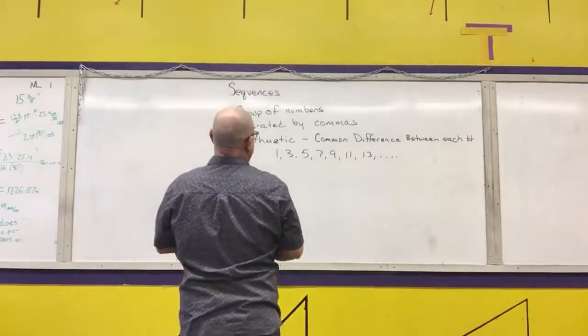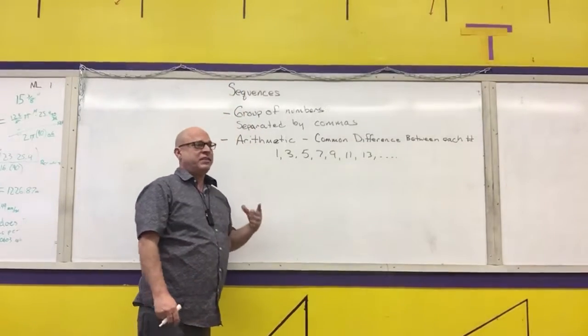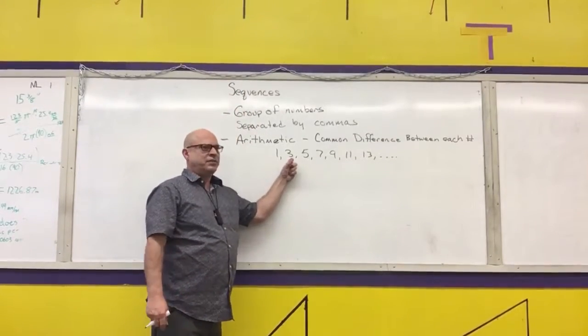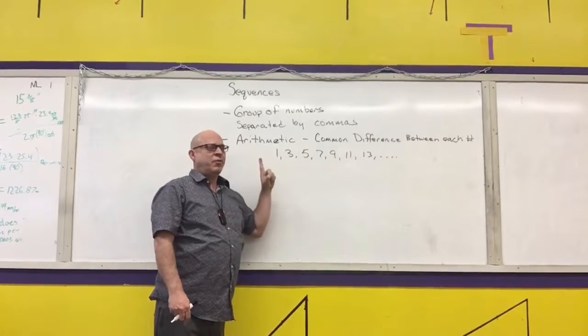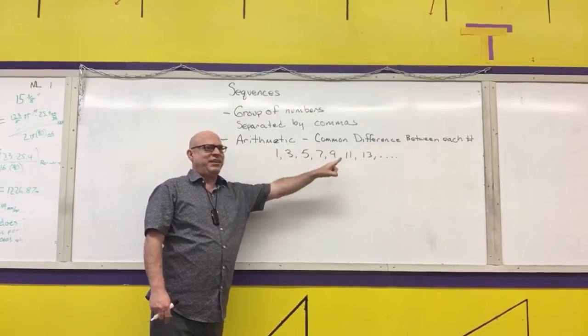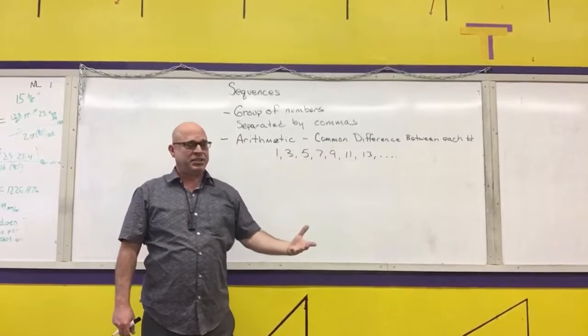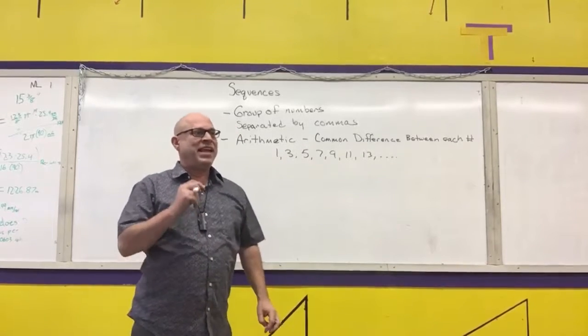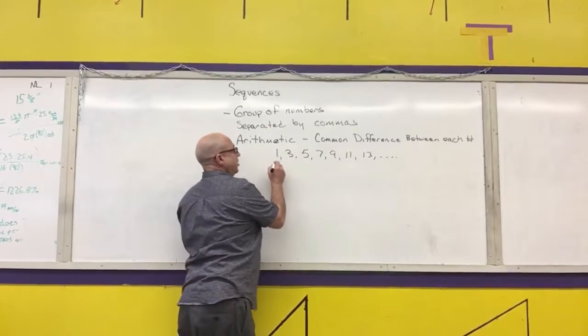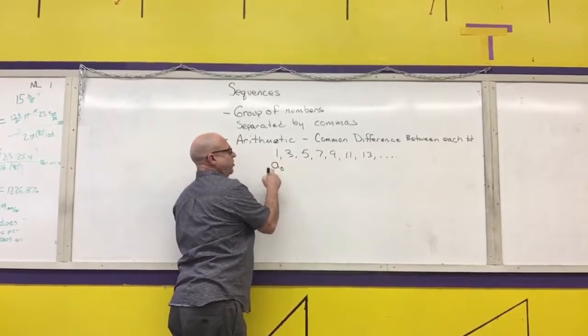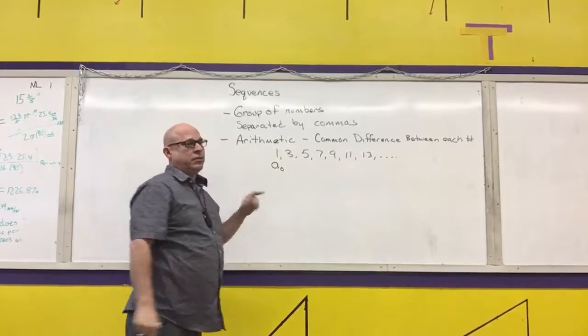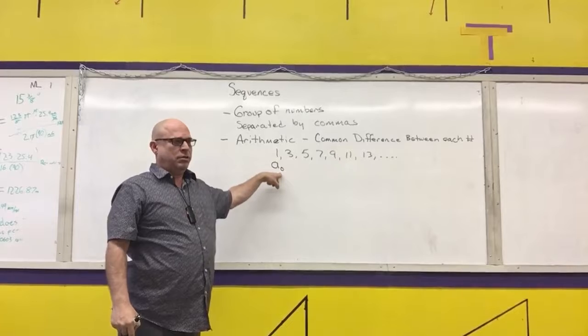has a common difference. And the way we find the difference is we take a right-hand number and subtract a left-hand number. And I don't want to call this A, B, C, D, E, F, G, use a different variable each time. So they call the first variable A sub 0, where 0 means initial.